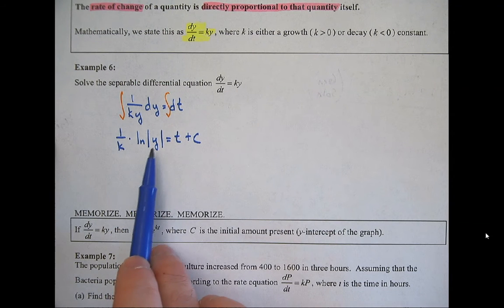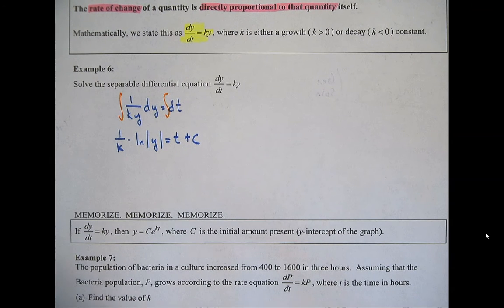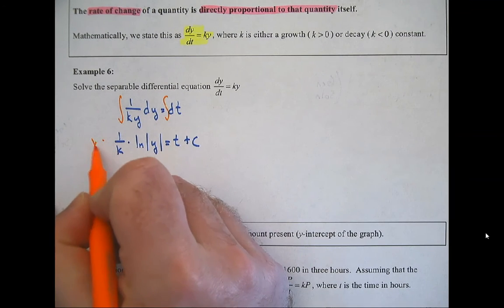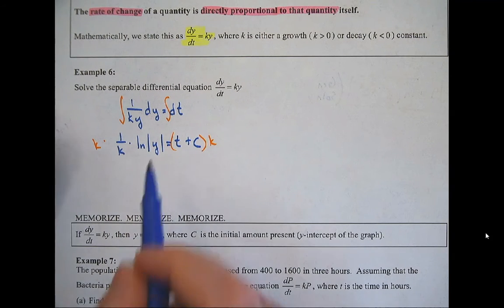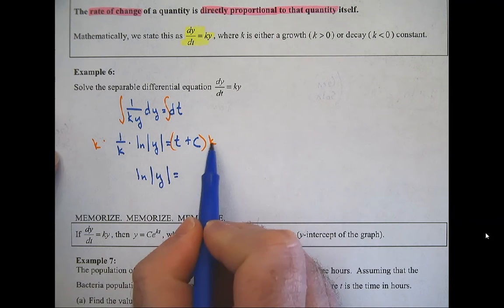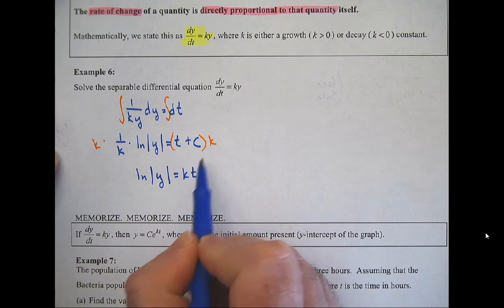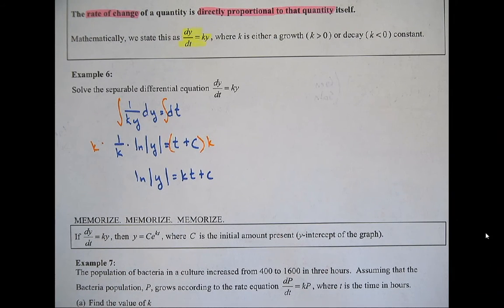We're trying to get the general solution, which means we need to get y by itself. So I'm going to multiply both sides by k. So I now have the natural log of absolute y equals kt plus kc. k times c is some new constant. I don't really care what it is.